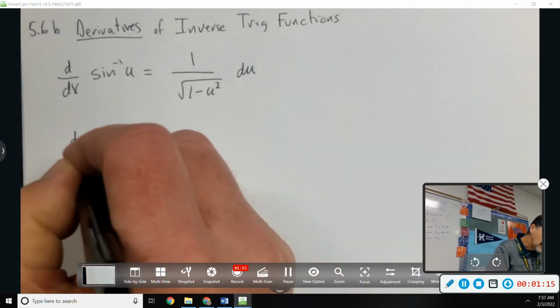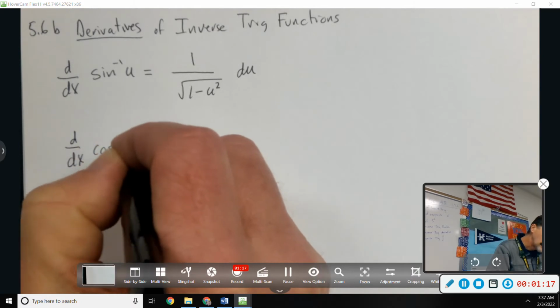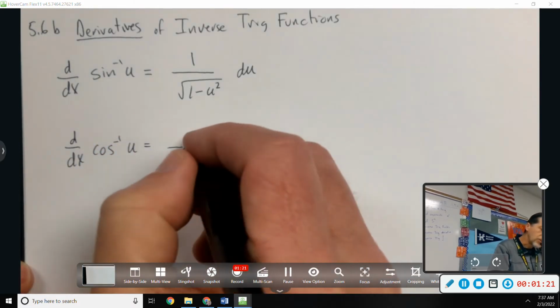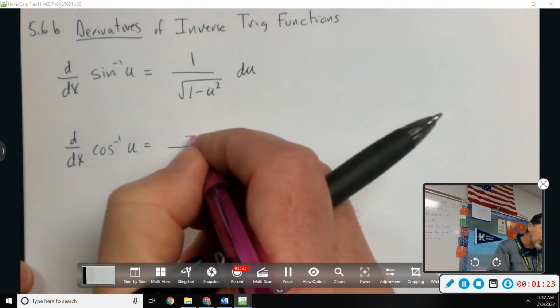I guess the good news is inverse cosine is similar. In fact, really similar. The only difference is it has a minus sign on it.